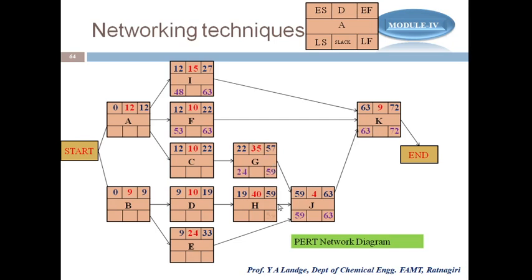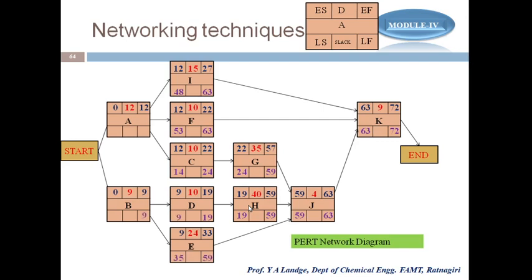Similarly for H, the latest finish is the latest start of the forward activity, and H is a predecessor of J, that's why I'm taking this value here. So I write 59, and 59 minus 40 will be 19. Similarly I calculate for the activity E as well.